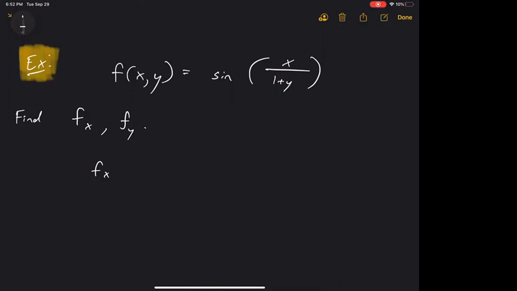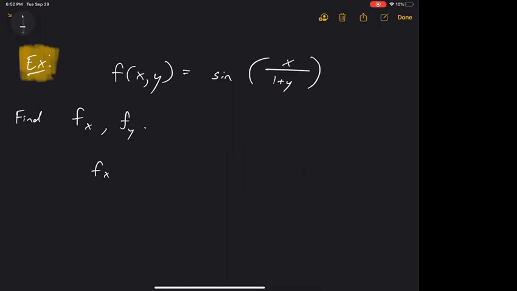So this is a chain rule type situation, right? I got a function within a function. All right, so imagine you just had sine of x over a, and you wanted to differentiate that using chain rule. That would be cosine of x over a times the derivative of what's inside, which is just 1 over a. You'll bring that out front. Same process at work here.